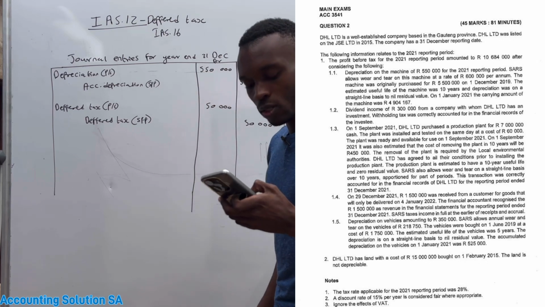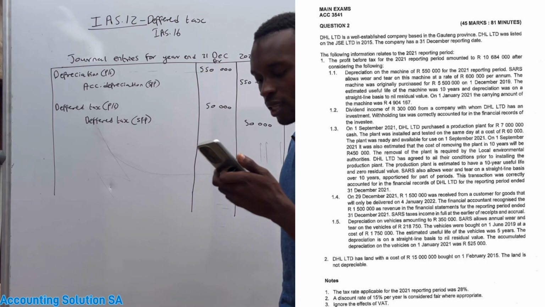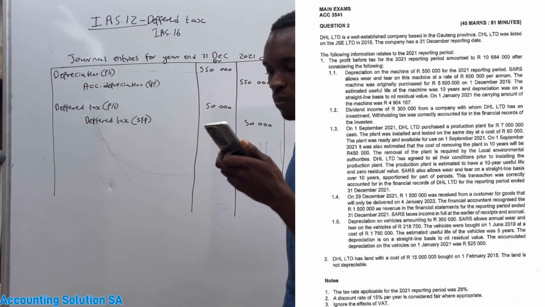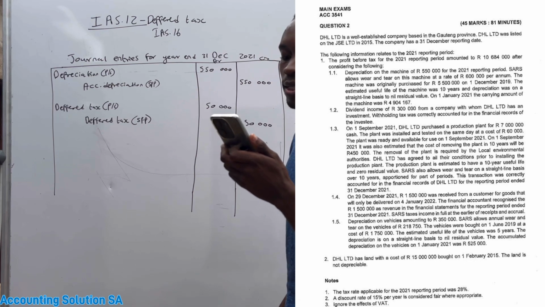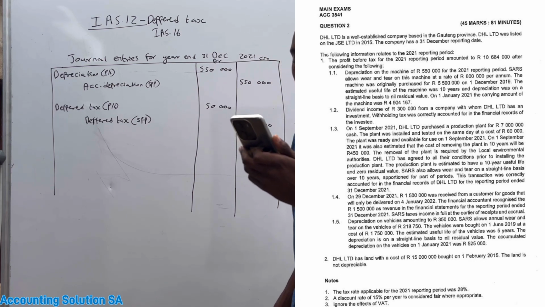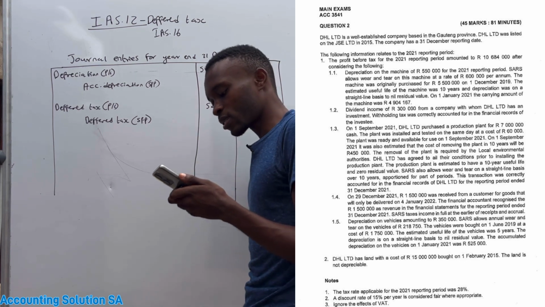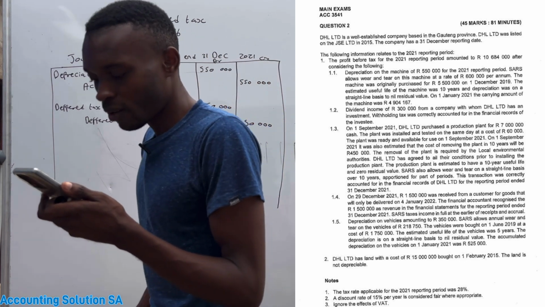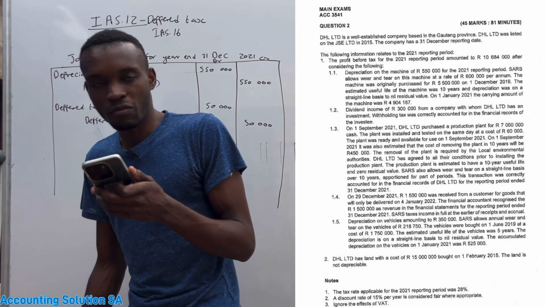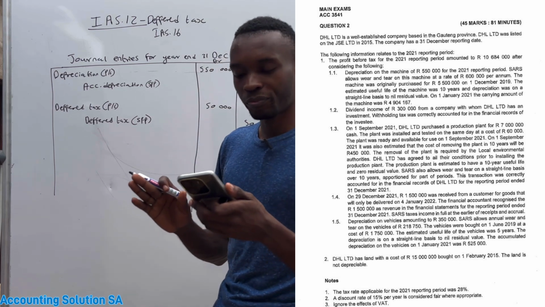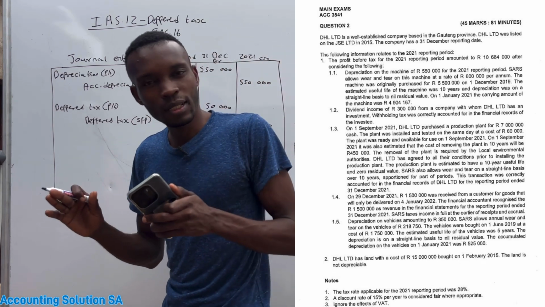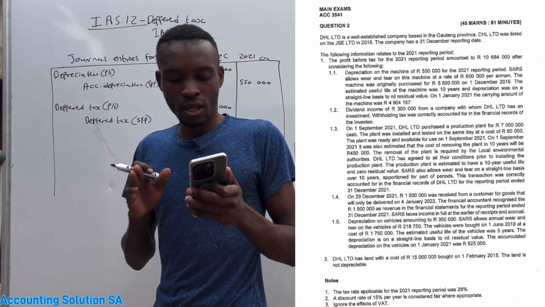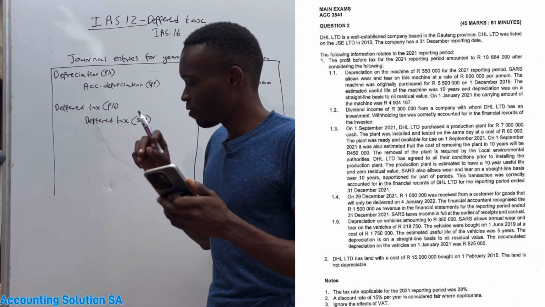Okay, 1.2. Dividend income of 300,000 from a company in which DHL Ltd has invested. Withholding tax was correctly accounted for in the financial record of the investee. Let's start with the normal transaction, and after that we're going to check if we need to do deferred tax.